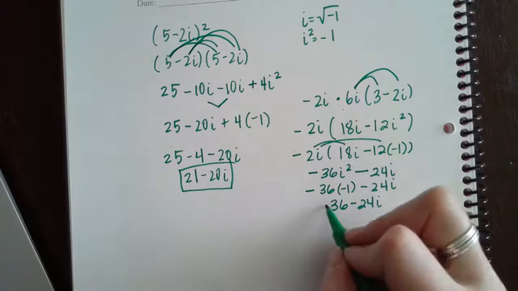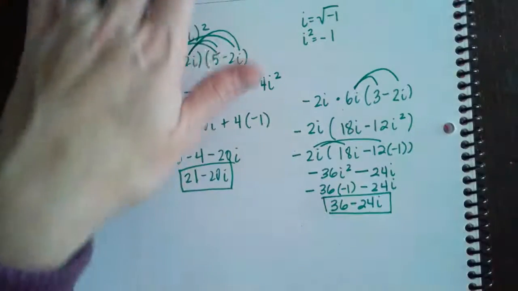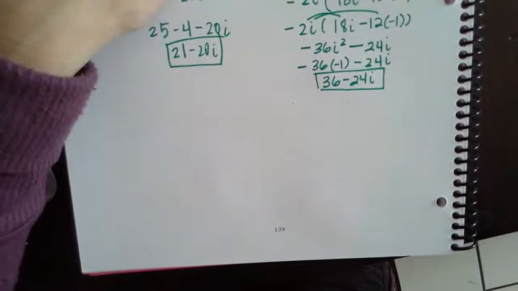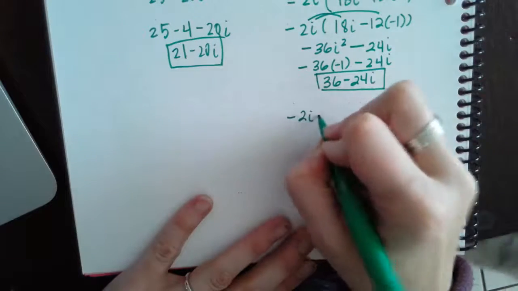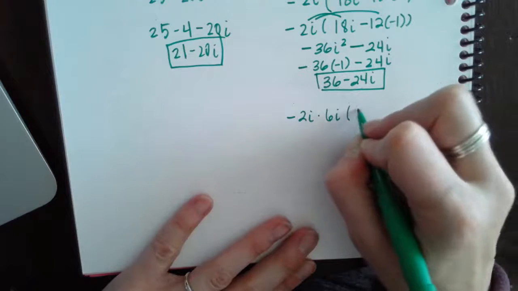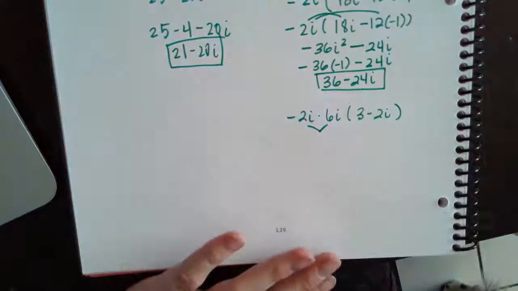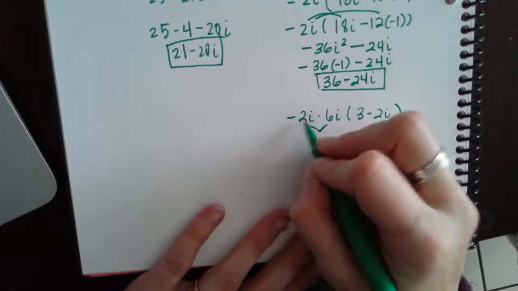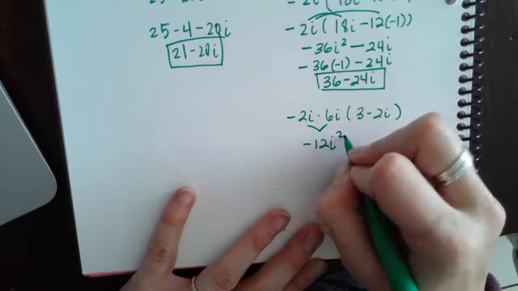Let's see if we could have just multiplied these at the beginning and gotten the same answer. I have negative 2i times 6i, and then 3 minus 2i. So this time we're going to multiply these together. Negative 2 times 6 is negative 12. i times i is i squared. We have 3 minus 2i.